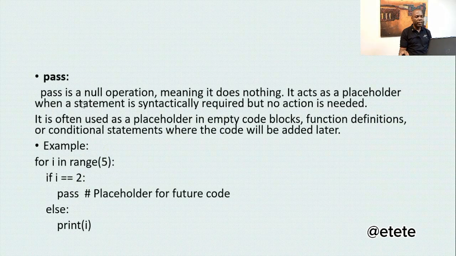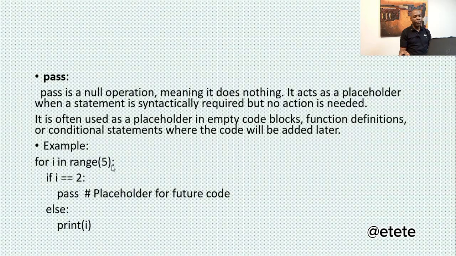And then this is pass. Pass is a null operation, meaning it does nothing. It acts as a placeholder when a statement is syntactically required, but no action is needed. It is often used as a placeholder in empty code blocks, function definitions, or conditional statements where the code will be added later.